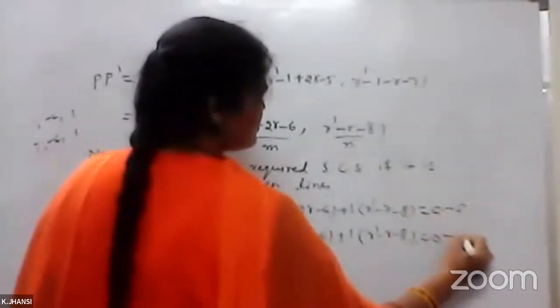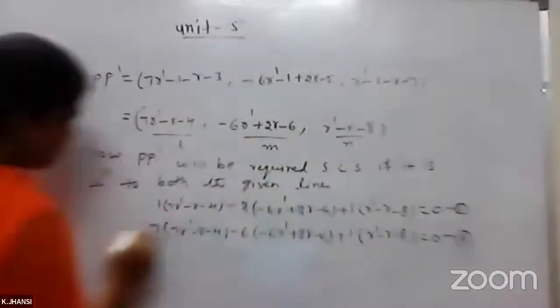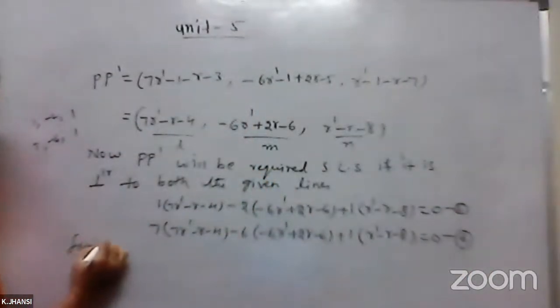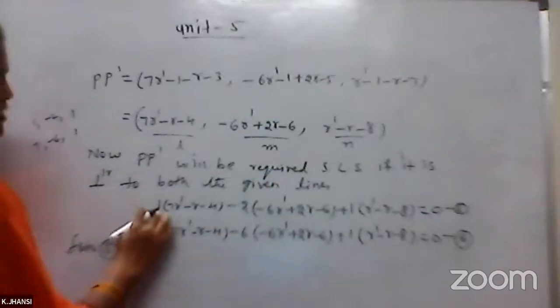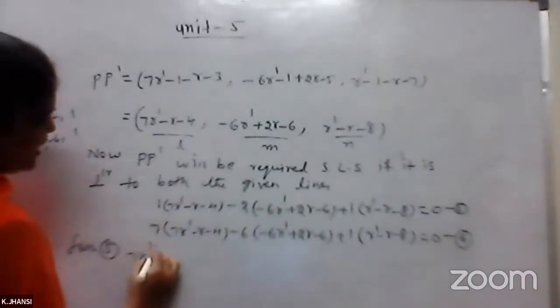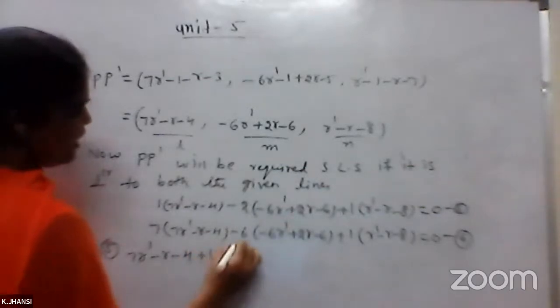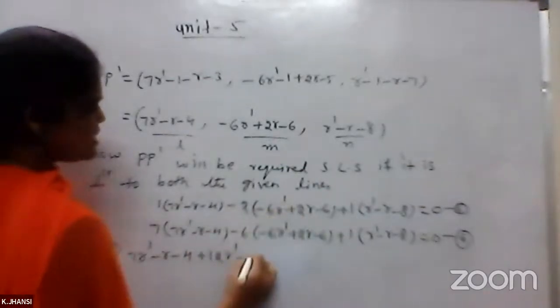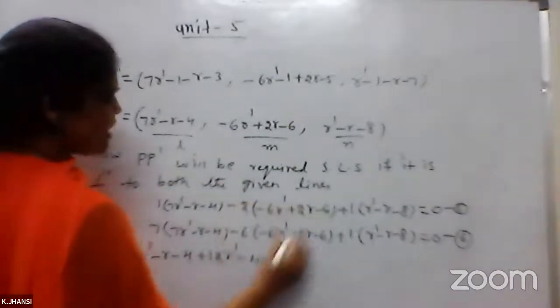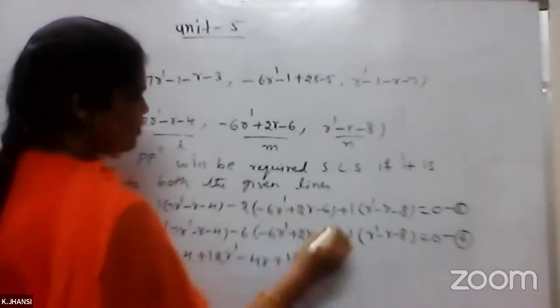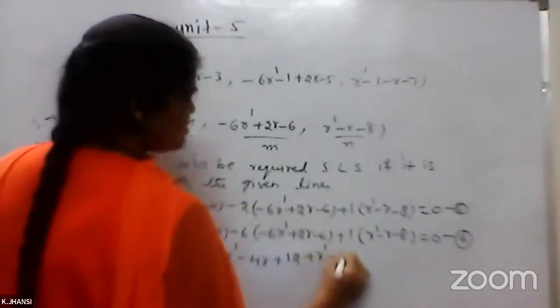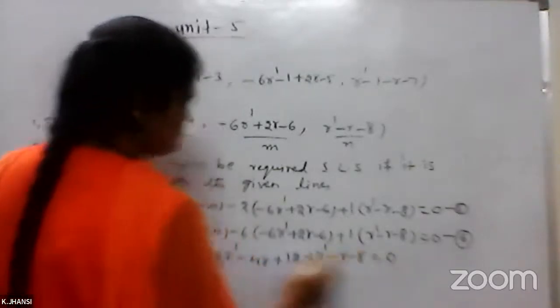Now the fifth and sixth you can take here. So from the fifth, if we simplify this: 7r dash minus r minus 4, minus into minus plus 12r dash minus 4r, minus into minus plus 6, 2 sixes are 12, plus r dash minus r minus 8 equals 0.